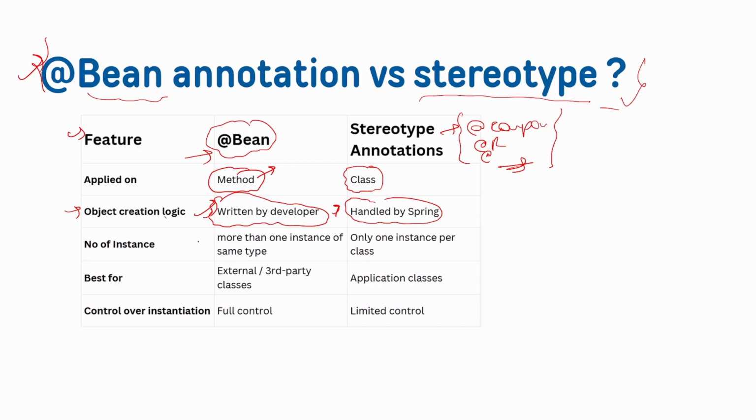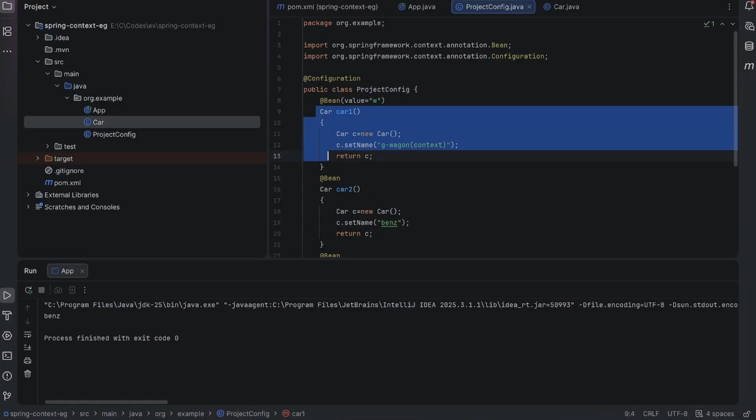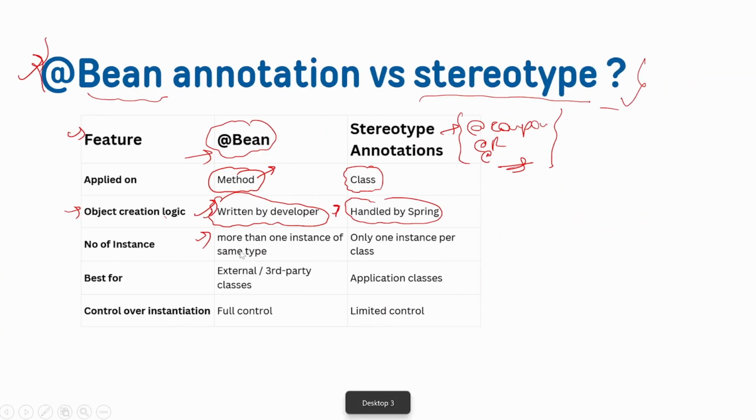Using the bean annotation, we can create any number of instances of the same class, more than one instance of the same one. But using the stereotype annotation, we can create only one instance per class, and it is handled by the Spring framework.